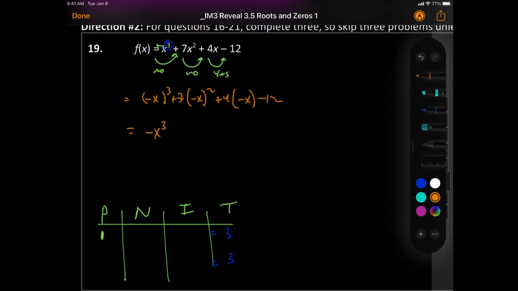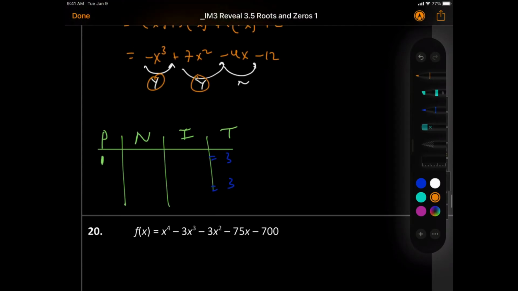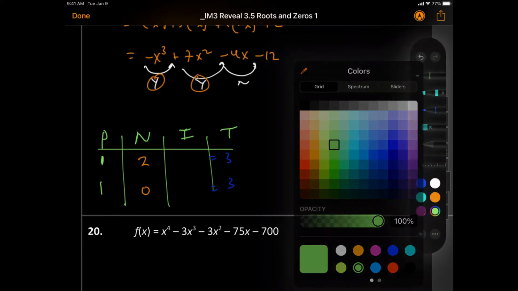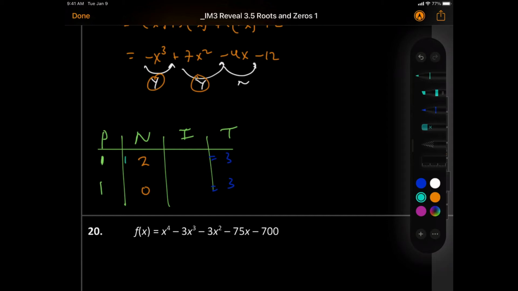Just simplify here. Count the number of changes. Yes. Yes. No. So we have 2, or 0. So that positive, and then 1 plus 2 plus 0 equals 3, or 1 plus 0 plus 2 equals 3.